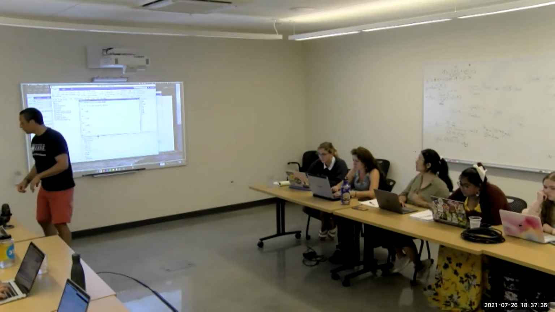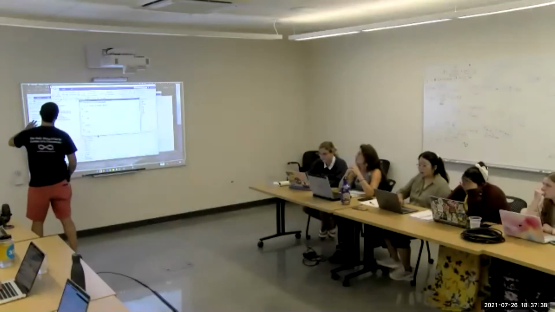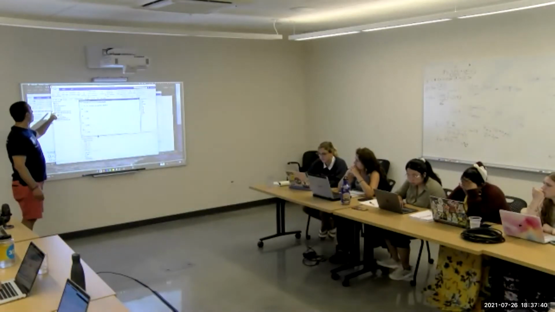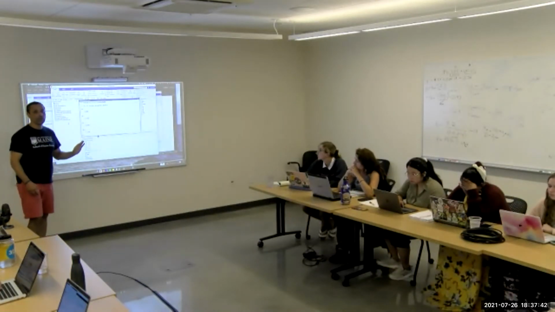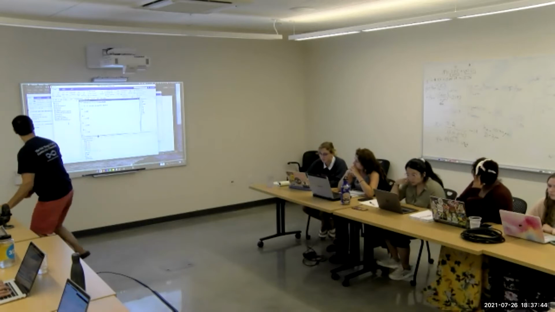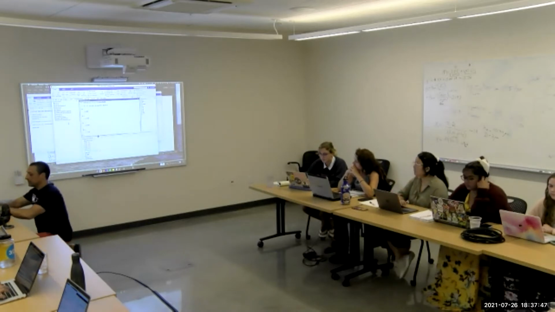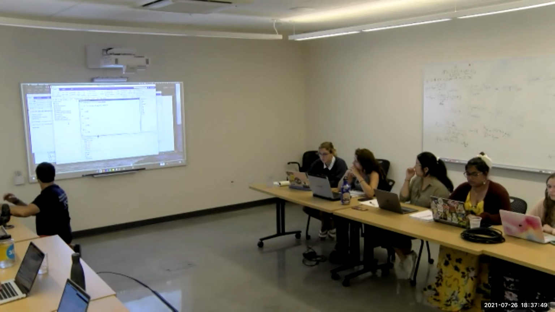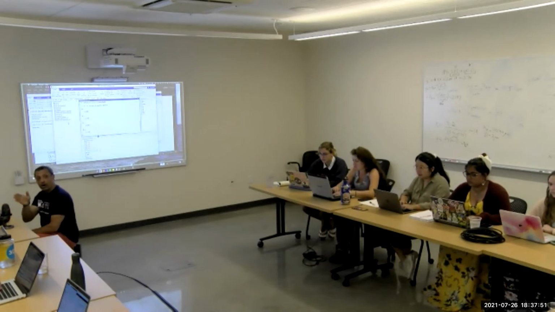To do that, we have a function called call bh dot m. It's a function I wrote to call the Bohren and Huffman Mie code.